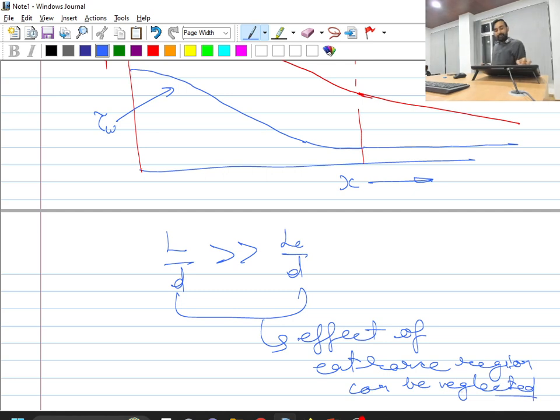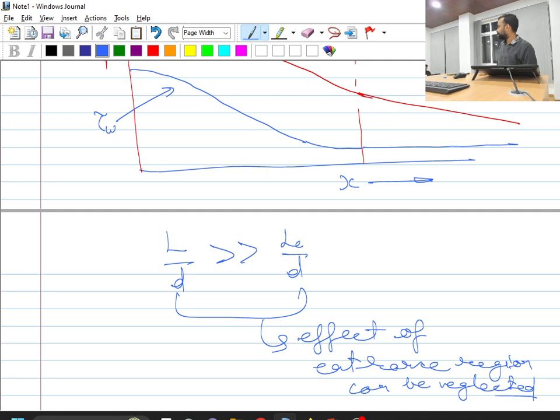But if L by D is comparable to LE by D, then of course the developed region and the entrance region we have to resolve separately, and we have to consider the contribution of the entrance region in the estimation of our pressure drop and wall shear stress.